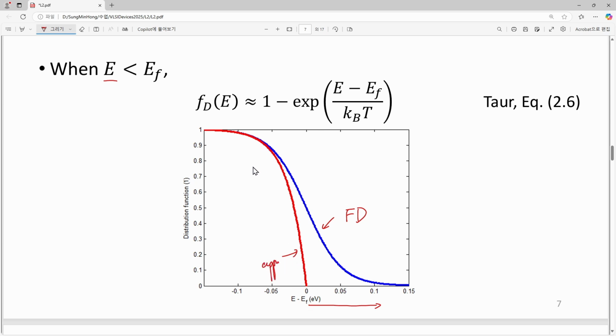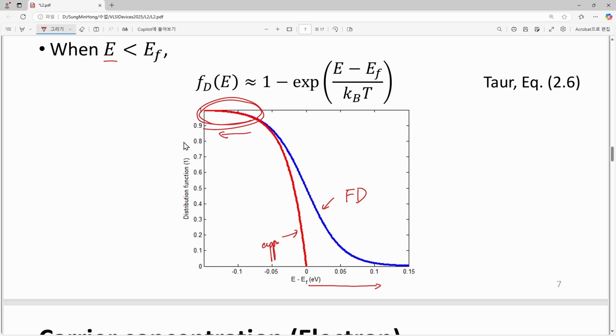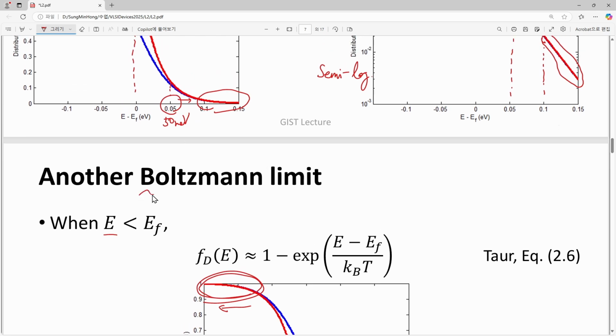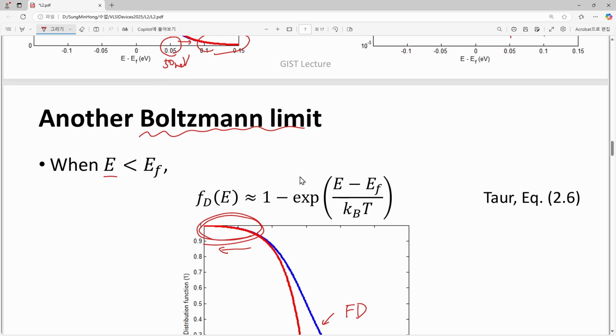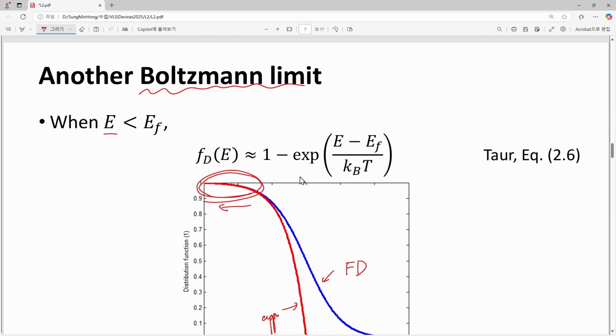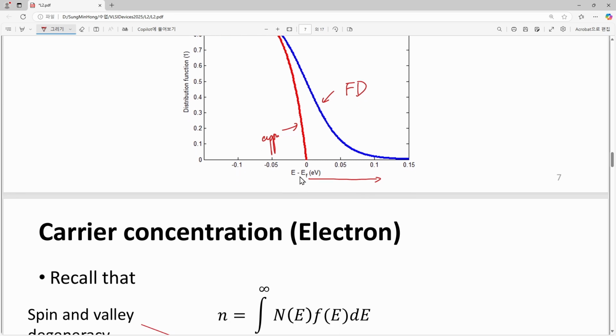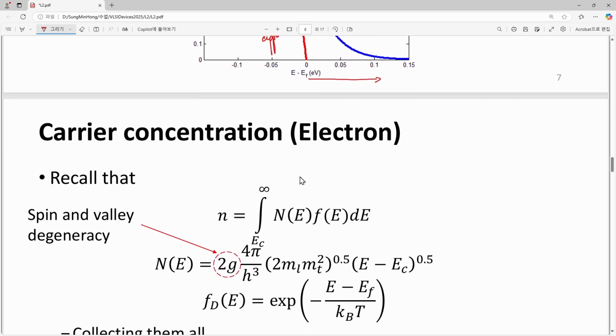However, if we go to a lower energy level, we will have a good agreement between the Fermi-Dirac distribution and the approximation. This is called the Boltzmann limit. So in many cases, we will just use this Boltzmann limit to make our calculation simple.